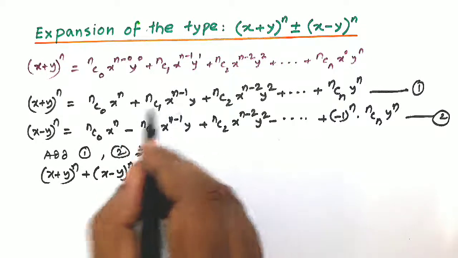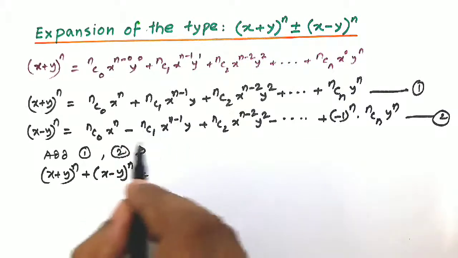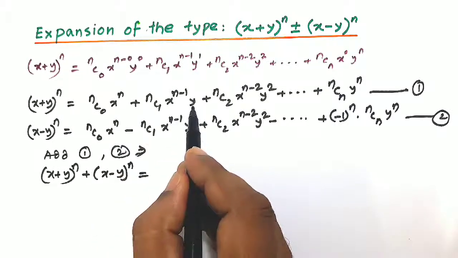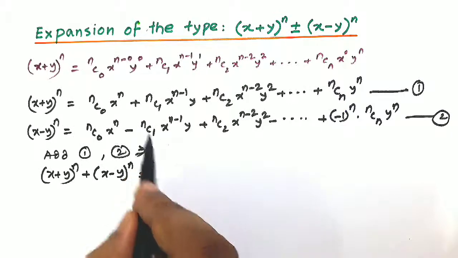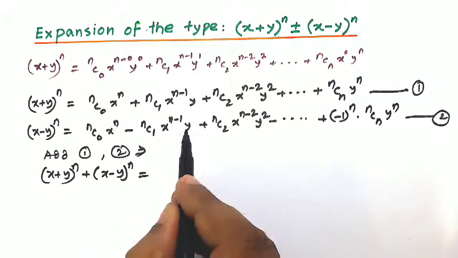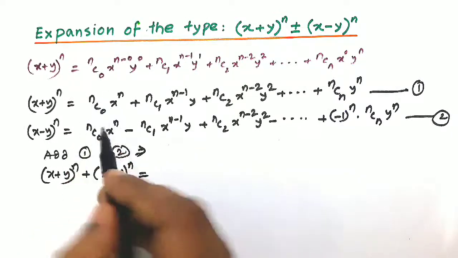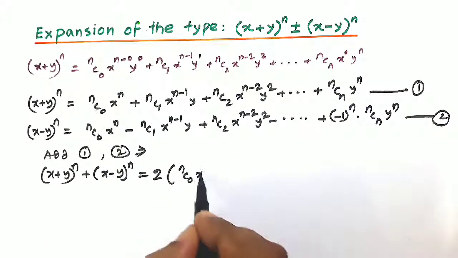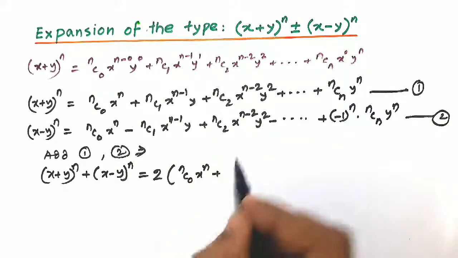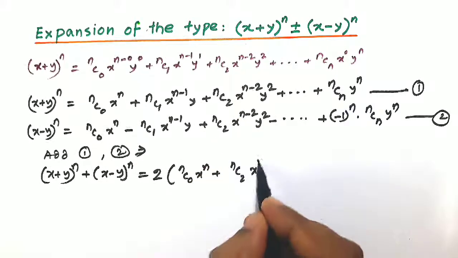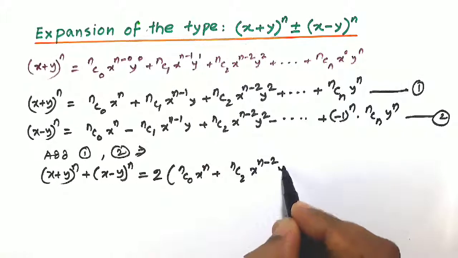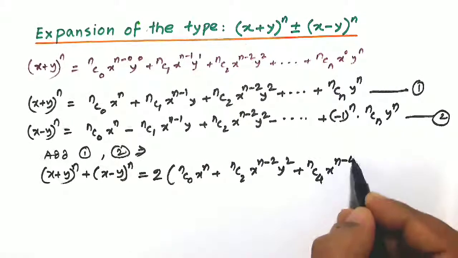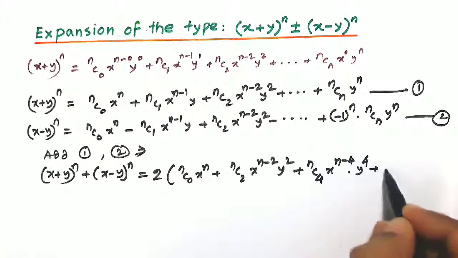In the first one it is positive and in the second one it is negative. nC1 x^(n−1) y is cancelled by −nC1 x^(n−1) y. So there will be double terms, so we can write twice of nC0 x^n + nC2 x^(n−2) y^2 + nC4 x^(n−4) y^4 and so on.